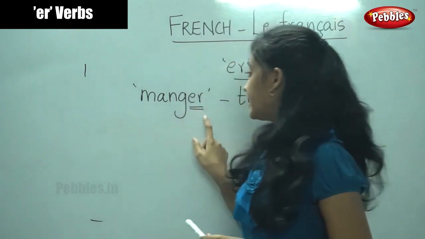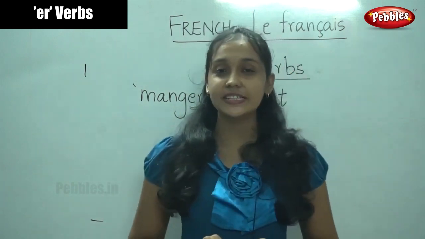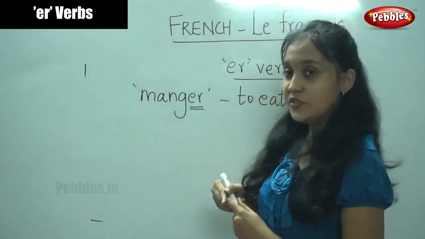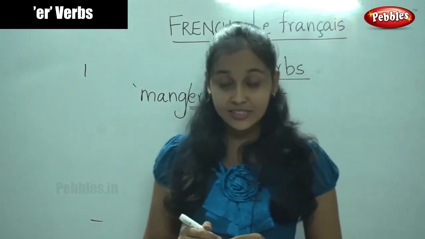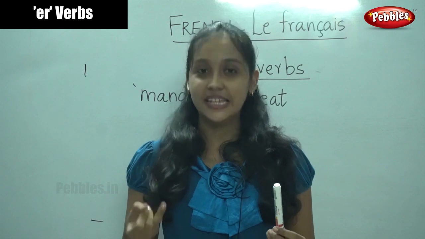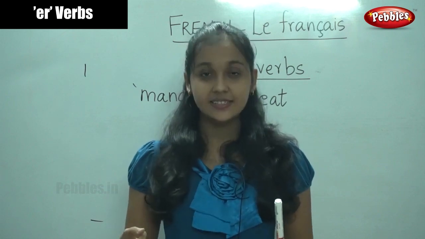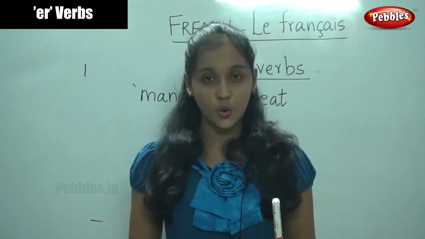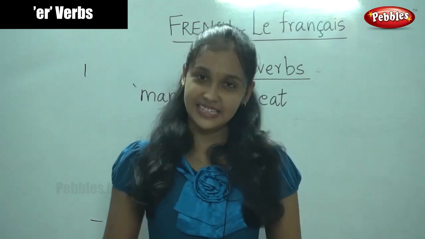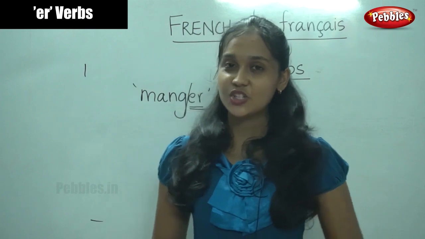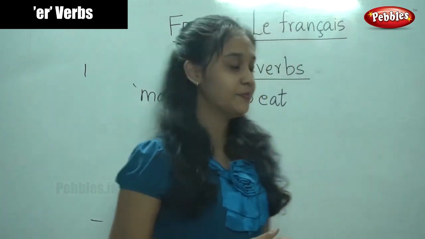If a verb ends with ER, how would we conjugate it? We would remove the letters E and R, and replace them with E, ES, E, E, ONS, EZ, ENT, and ENT.